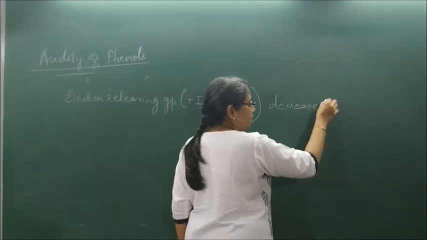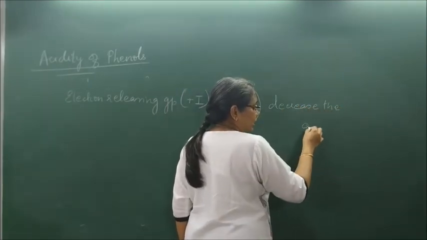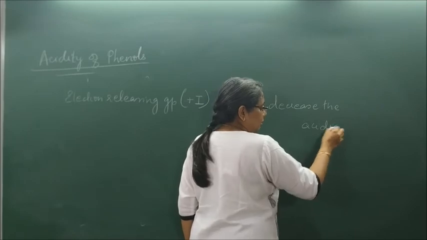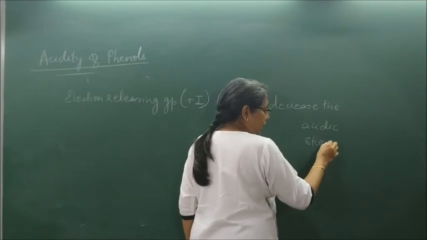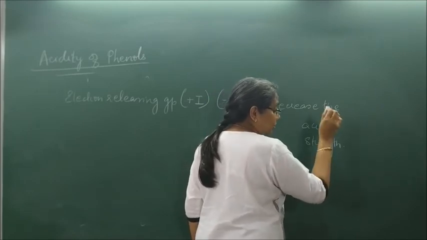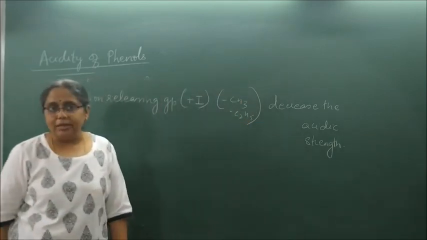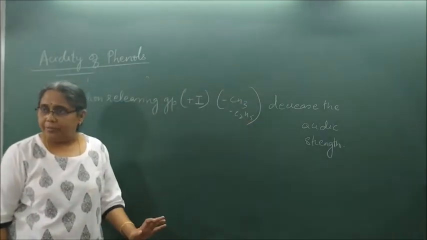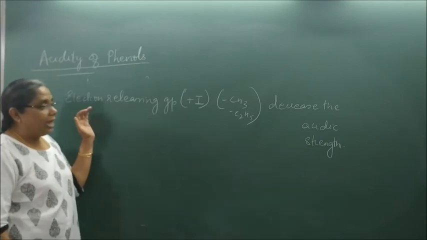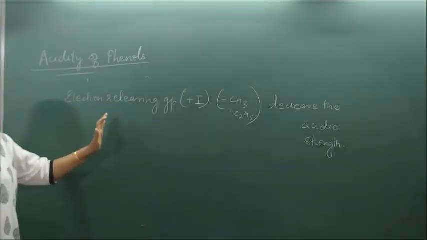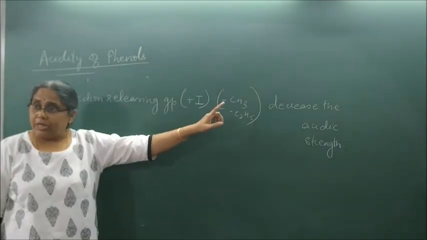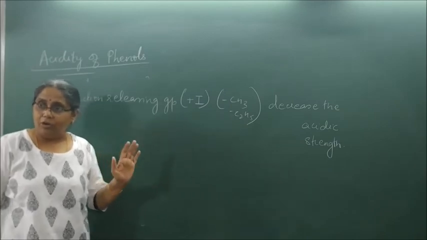Yes or no? That is why we said that tertiary alcohol is less acidic than secondary or primary alcohol. So we know an electron releasing group on the benzene ring will also decrease the acidic strength of phenol.